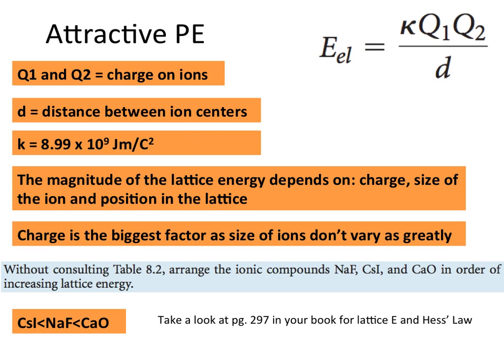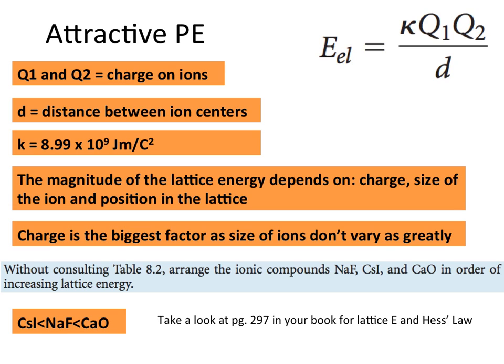So the bigger the Q values, the larger your overall potential energy is going to be. And the smaller the distance between the ions, the larger the potential energy is going to be. So the magnitude of your lattice energy depends on the charge and size of the ions.